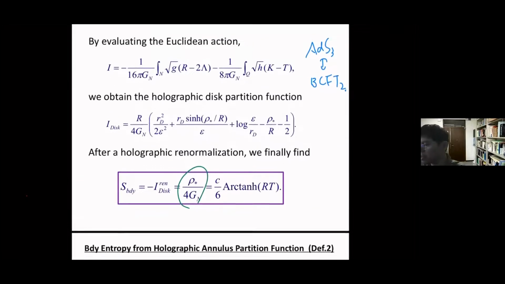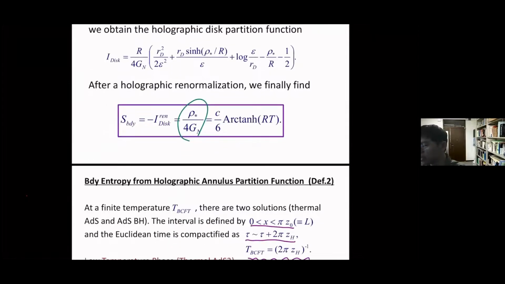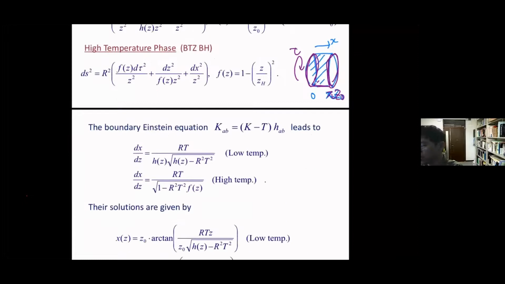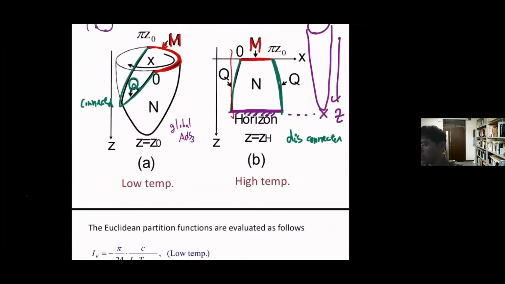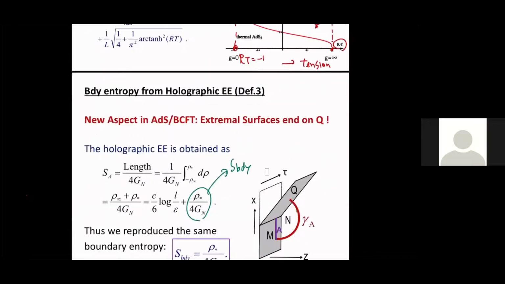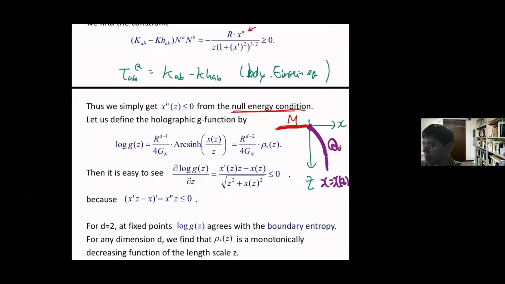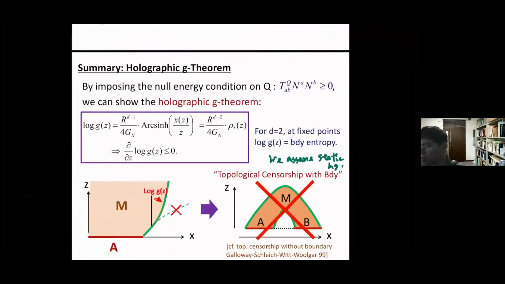This formula says boundary entropy can be negative because the tension can be negative. The G theorem is just about the derivative of the boundary entropy. So we are not talking about the value of this. This can be negative, but the derivative should be negative.